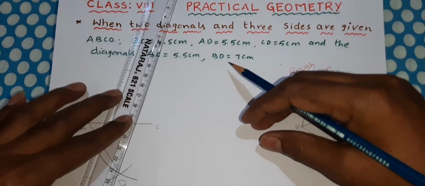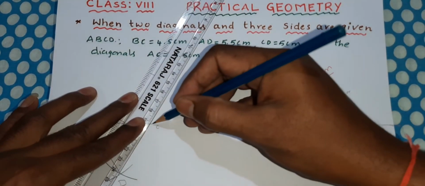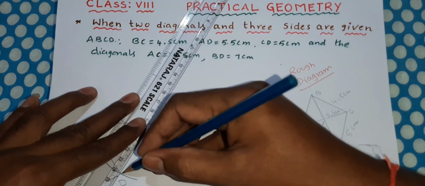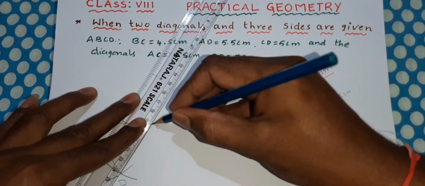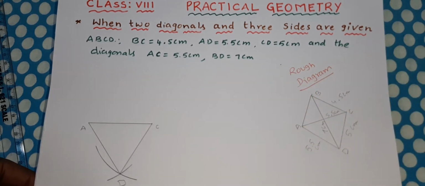AD as well as CD, I am joining. Right? We constructed the ACD triangle of the given measurements.